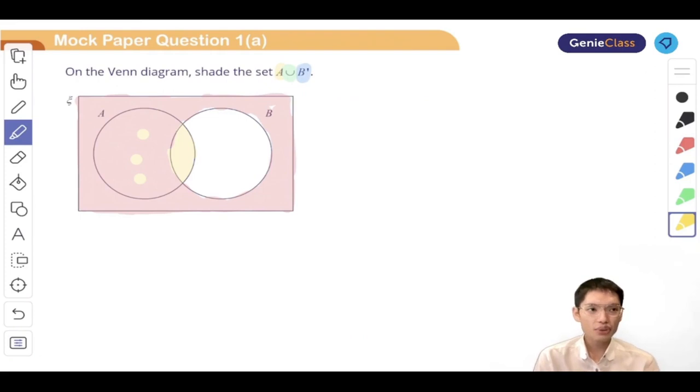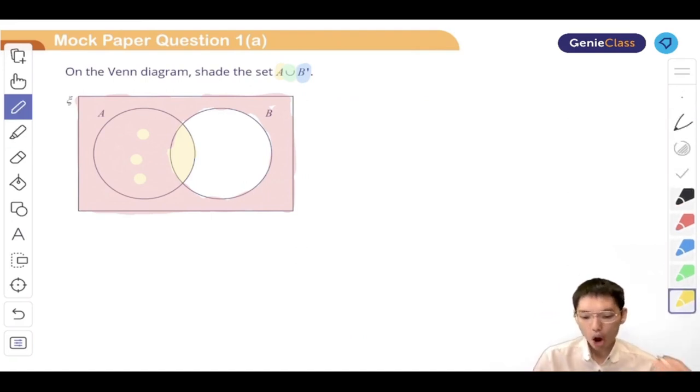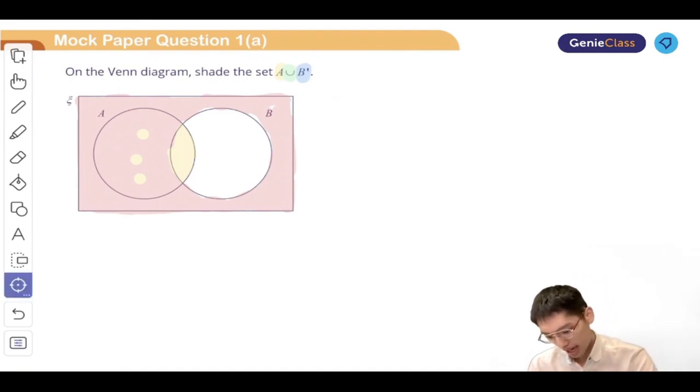In fact, if you take a look at this particular slide, we're looking at both colors. Why both colors? Because I'm looking at A or B prime. So it can be either in A or B prime or both.